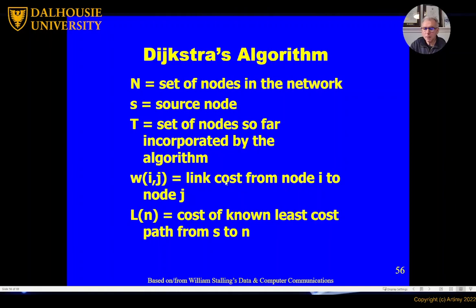And then the link cost from any two nodes, we'll refer to it as W of I and J. And the cost to the destination, so if we are in node 1 and we want to know what is the cost going to node 5, that's L of n, which is the destination here.